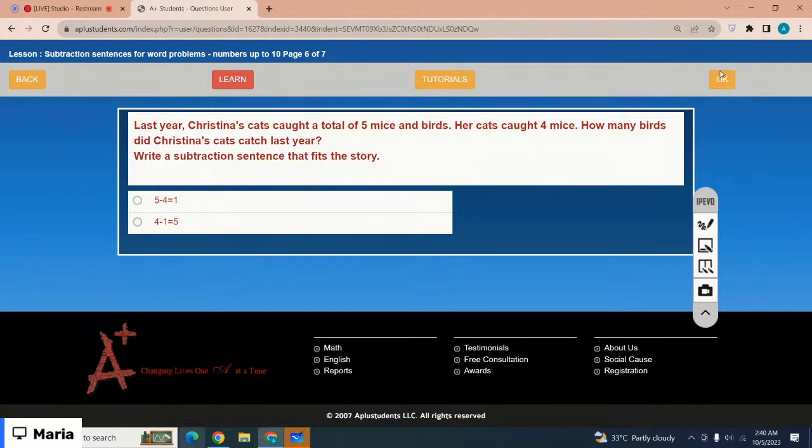The correct option is 5 take away 4 equals 1, right?